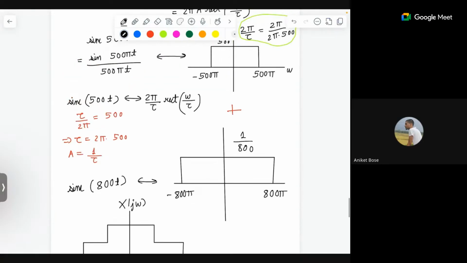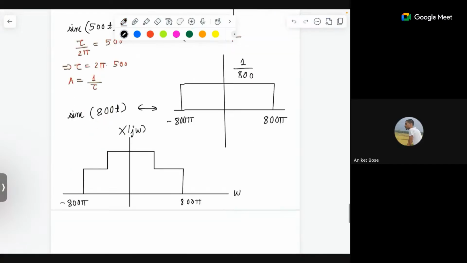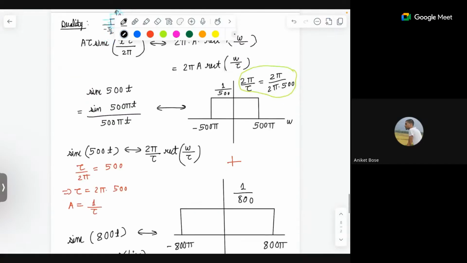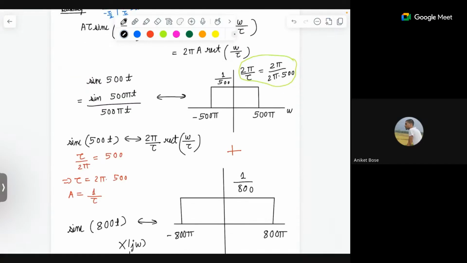Between minus 800 pi to minus 500 pi, only this thing will come, so this will stay 1 by 800. Similarly, after 500 pi till 800 pi, it will be 1 by 800 only. And then between minus 500 pi to 500 pi, both of these get added. So 1 upon 500 plus 1 upon 800 will be 13 upon 4000.